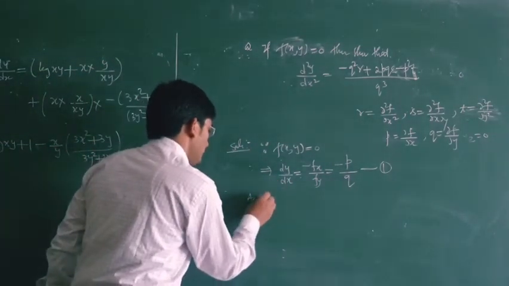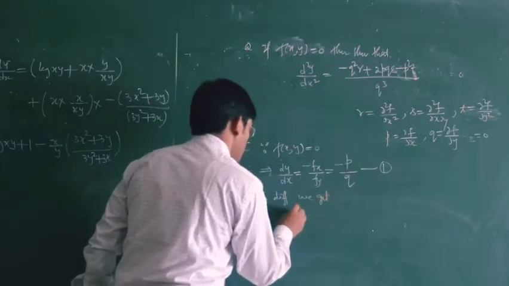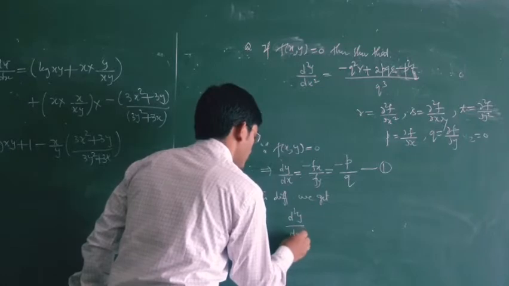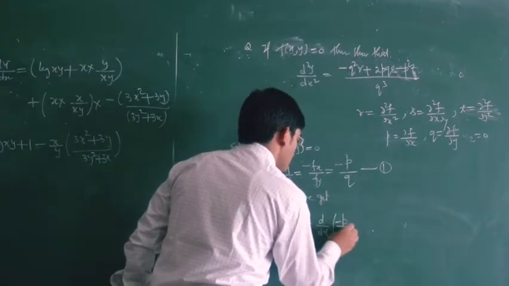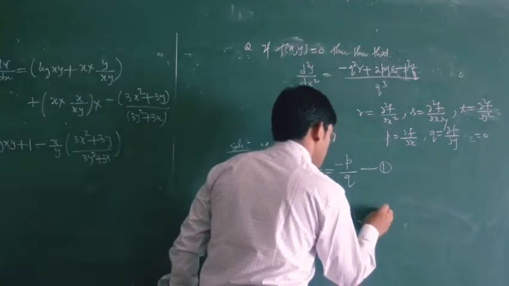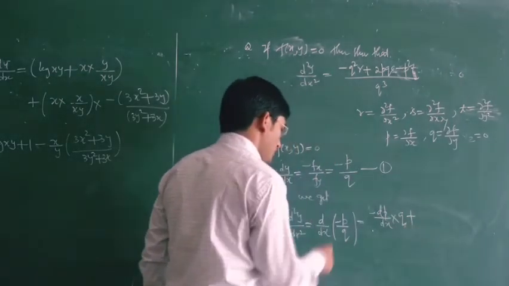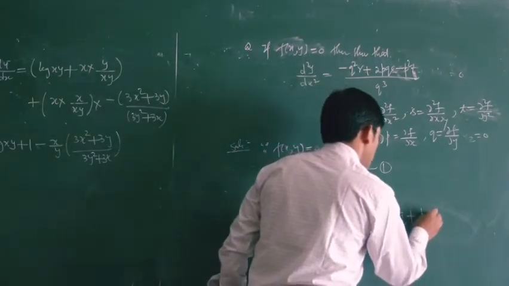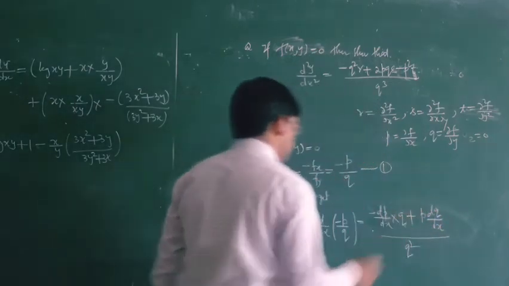Again differentiating, we get d2y by dx2 equal to d by dx of minus p upon q. So this is equal to minus q into dp upon dx, then we will have plus sign because of this minus, p into dq upon dx, upon whole q square.